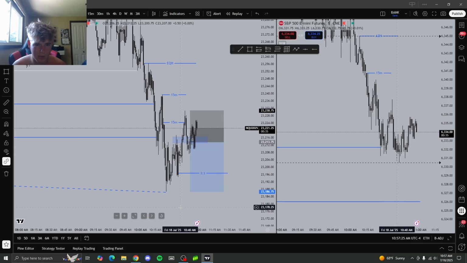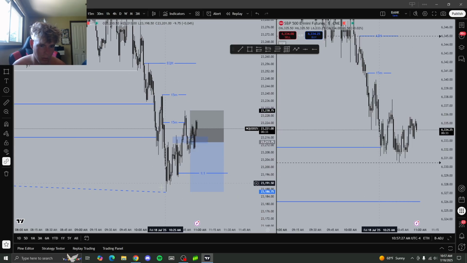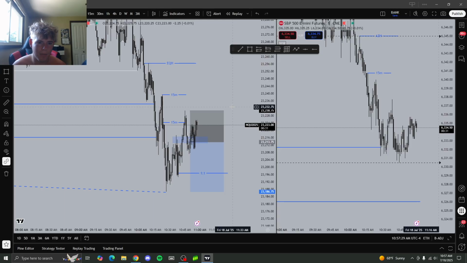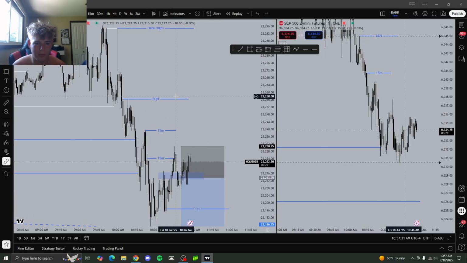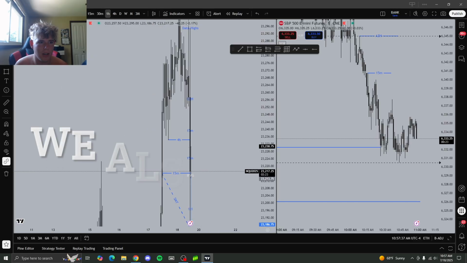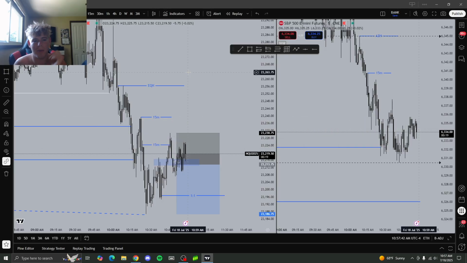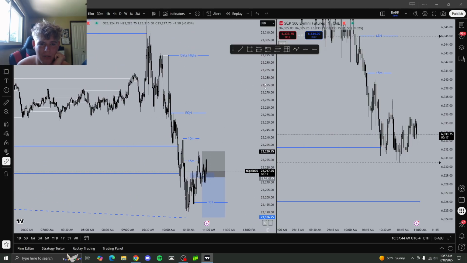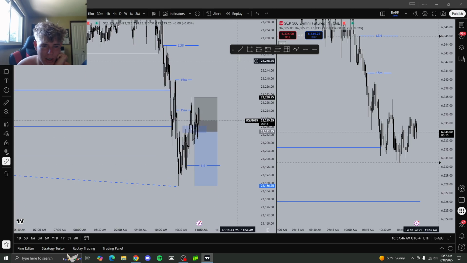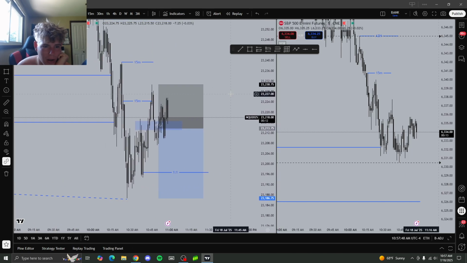So we got our retracement, we got our entry, we have low resistance liquidity. We are rejecting a higher time frame PD array as well. So I don't see any reason for this to not work. It's not the best trade, but we are also discounted pretty well, and this just looks like it should work for me.